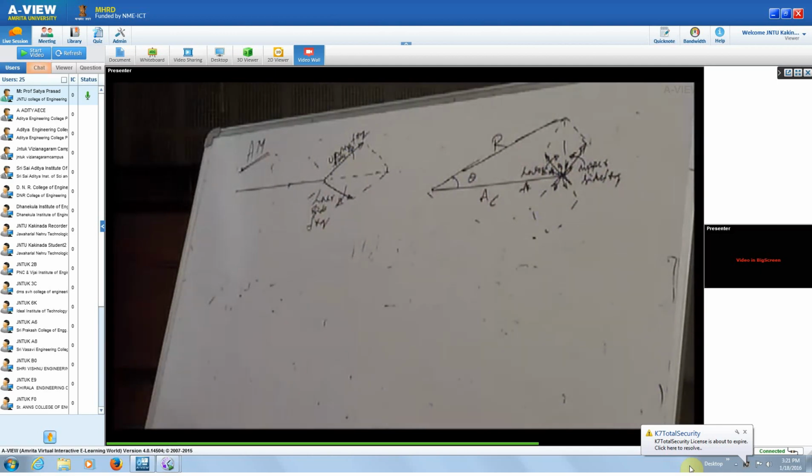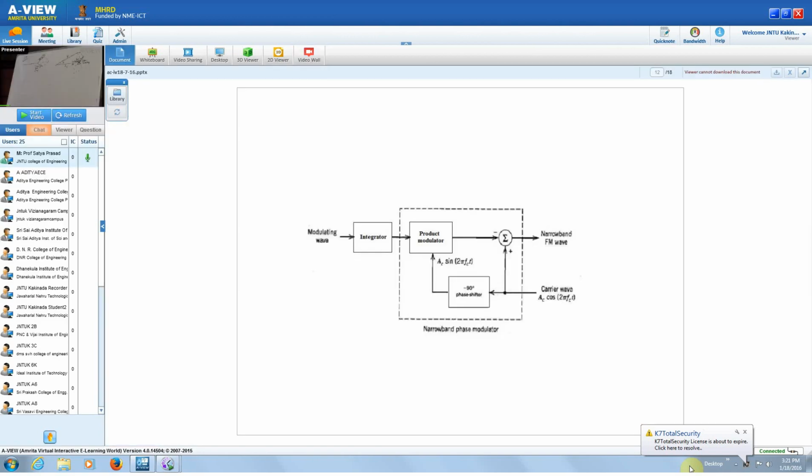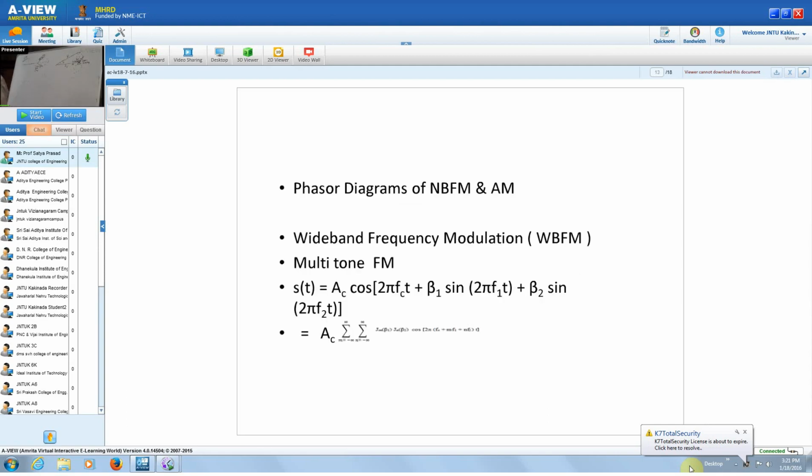So that is the typical case. So when you say that wideband FM signal, beta we are saying it is large, right?